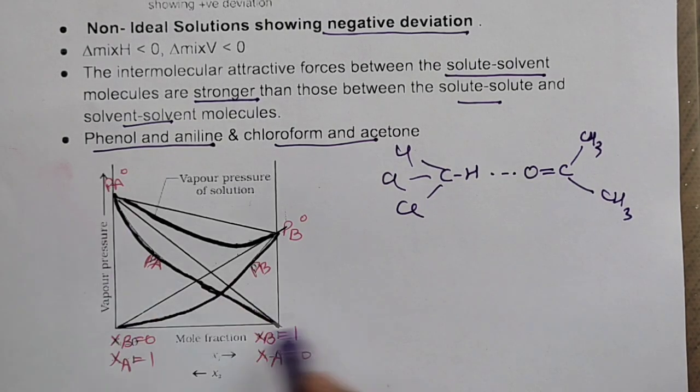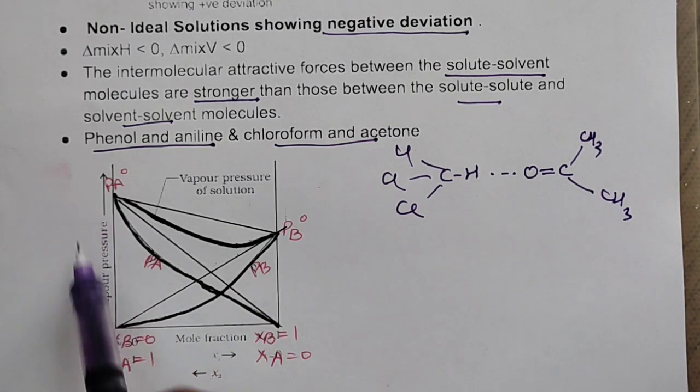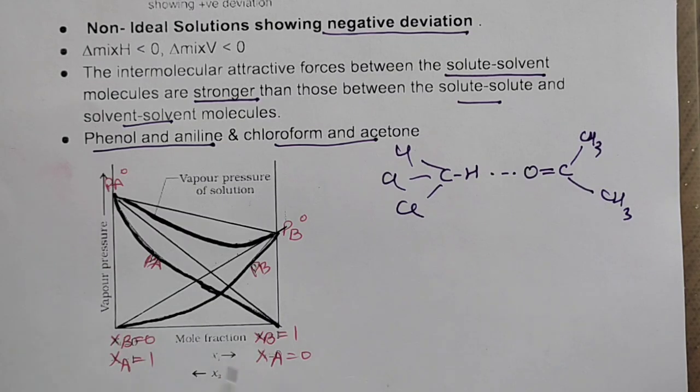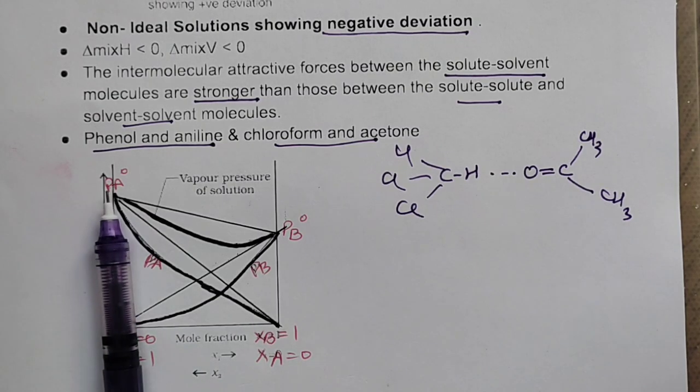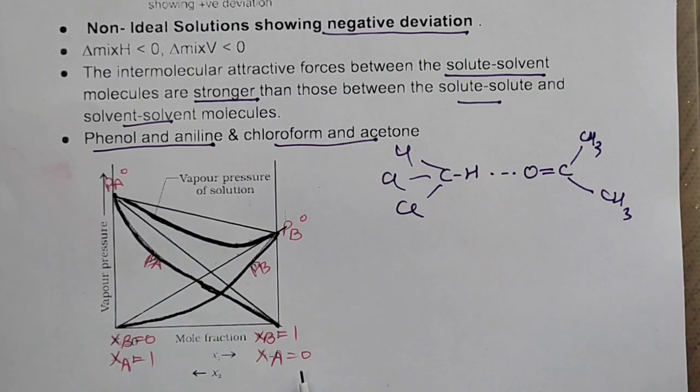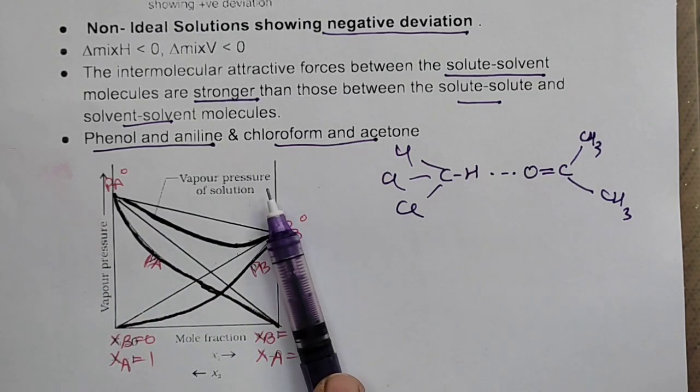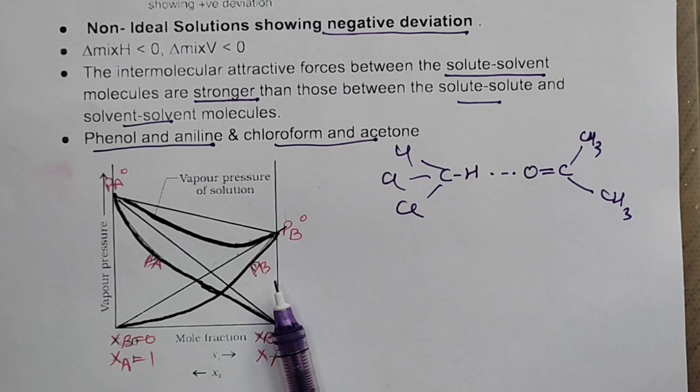And if you talk about the graph, vapor pressure and mole fraction, in the same way, this side is A, chi A is 1, chi B is 0, PA naught. Chi B is 1, chi A is 0, PB naught. This way PB, this way PA, and the total pressure is PA plus PB.